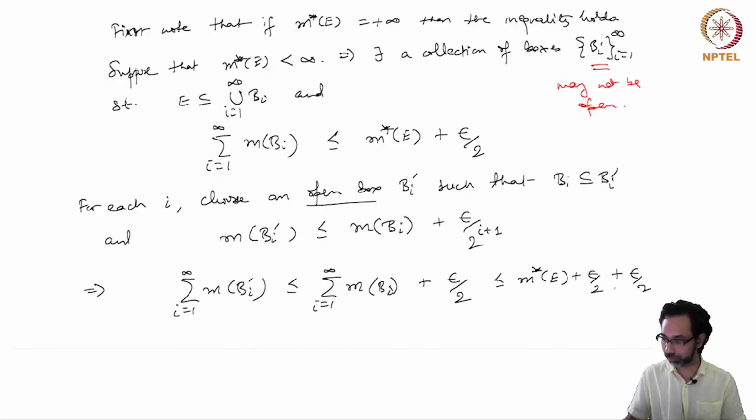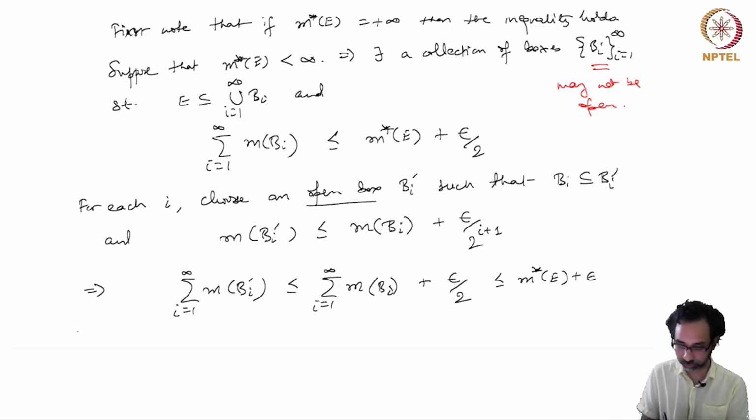These two epsilon by 2's can be written as epsilon. So we have produced E covered by these boxes B_i prime, i equal to 1 to infinity, and so this is an open set.